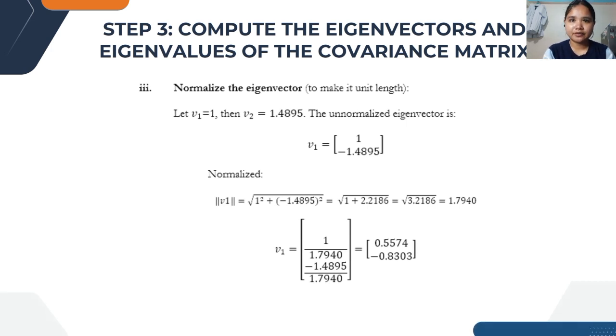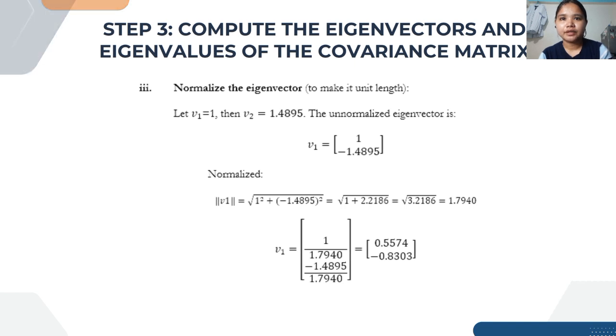So we normalize the eigenvector. By doing this, we let v sub 1 equal to 1, then v sub 2 is equal to negative 1.4895. So 1.4895 is from the value that we got previously, when we solved the equation for one variable in terms of the other.